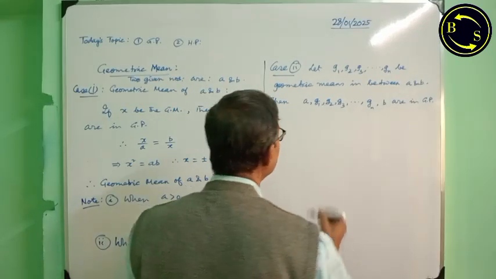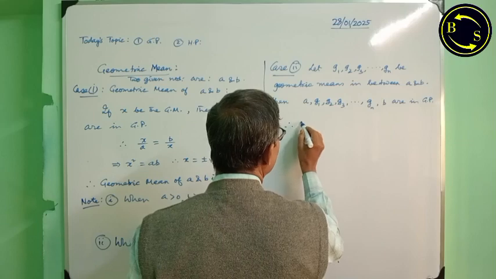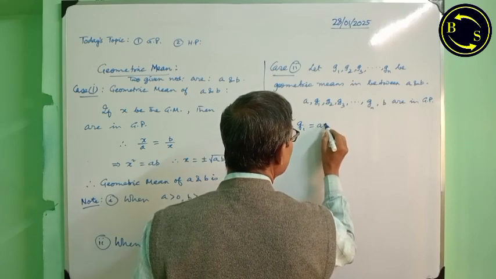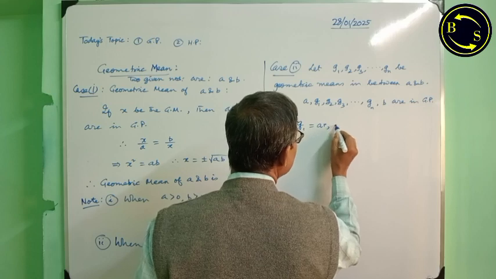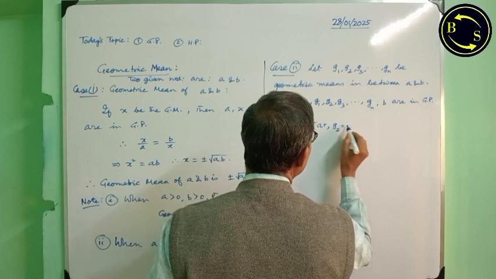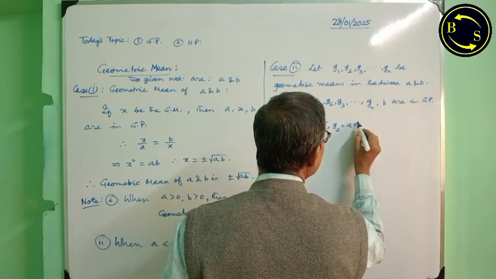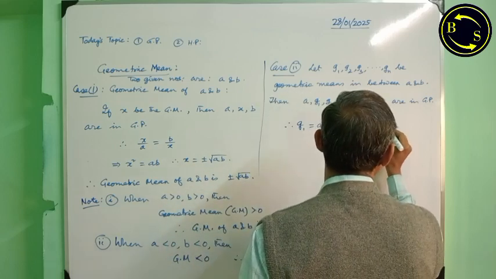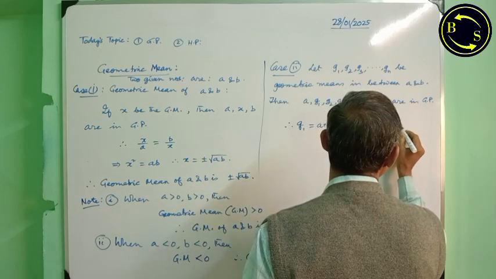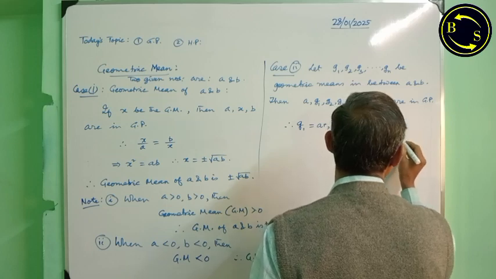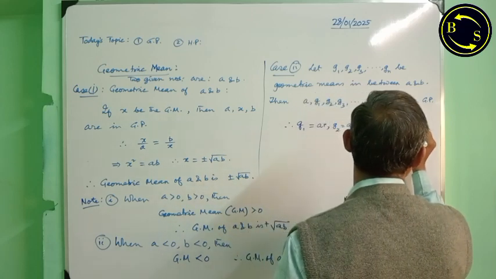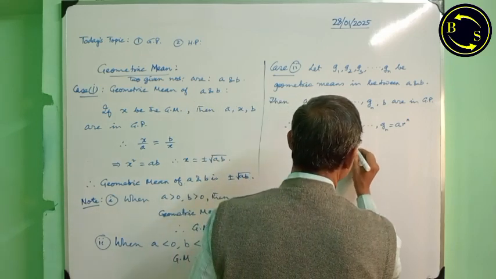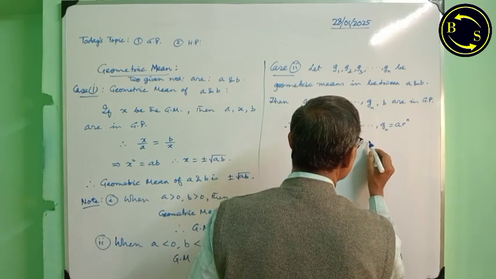Therefore, G1 will be AR, G2 will be AR square. Following this, Gn will be equal to AR to the power n, where R is the common ratio.